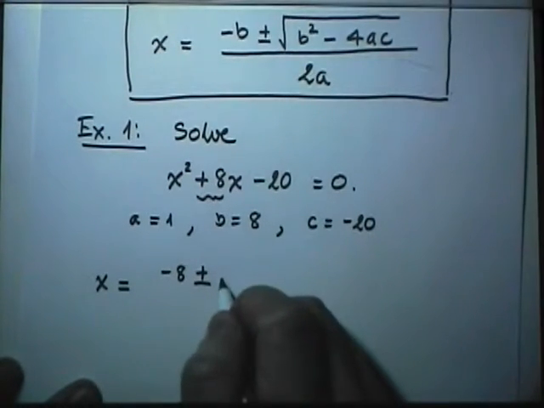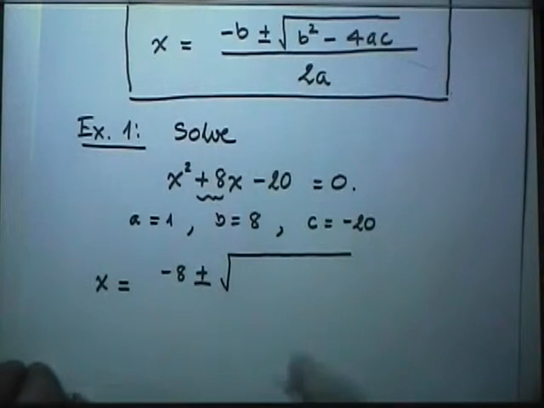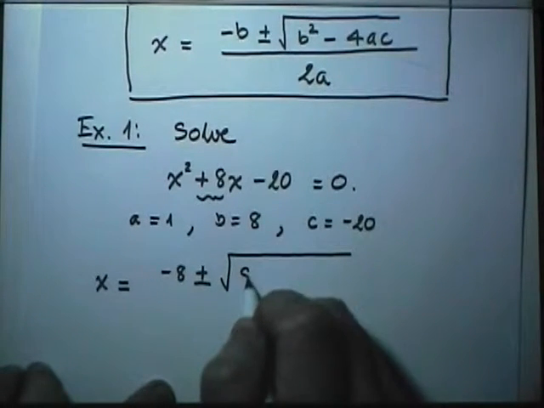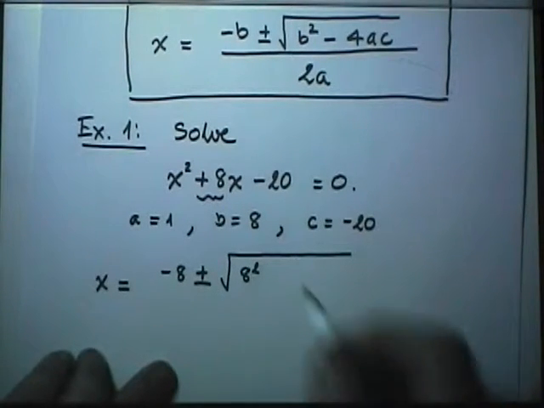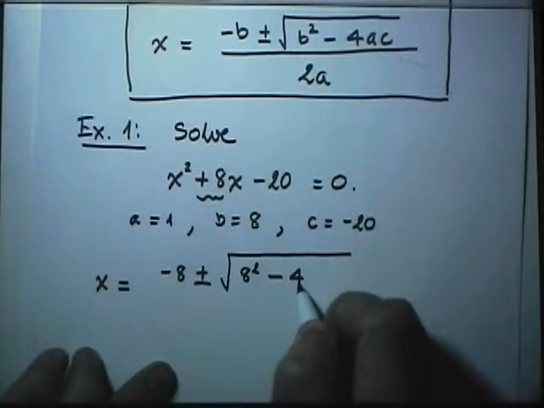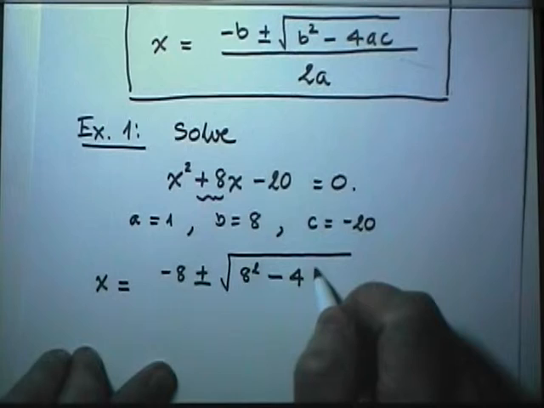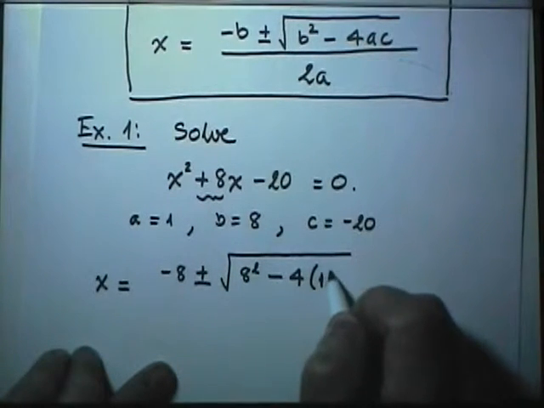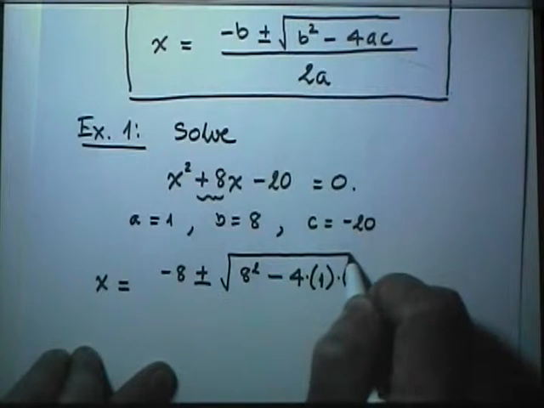And then square root, that's what follows in this formula. And then my b squared. So now b squared, I have to do 8 squared, and once again, do count signs if there is a sign. And then minus 4. Why minus 4? Because the formula says so. Minus 4 times a, which this time is 1, so minus 4 times 1, times c.